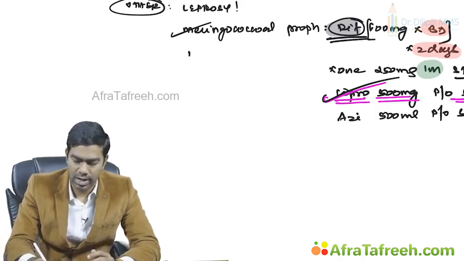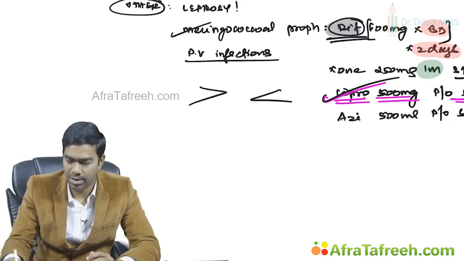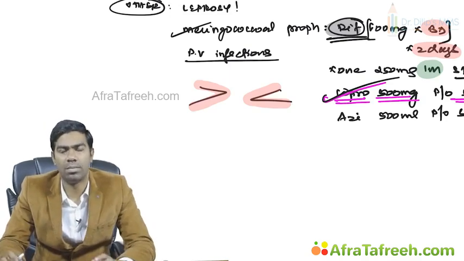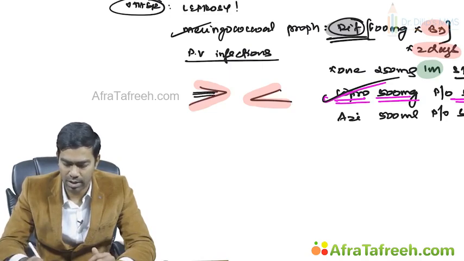Then the third one: it can be used in prosthetic valve infections also, because whenever you have a prosthetic valve infection, a slime layer will be formed. Clear? It's very difficult to break this layer because this is a foreign body, like a foreign agent, such as a metallic prosthetic valve.